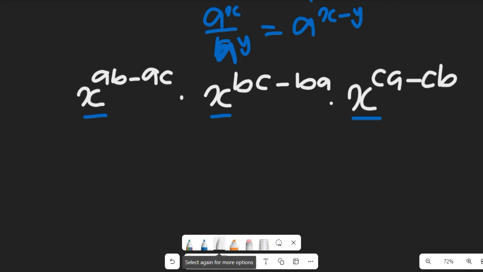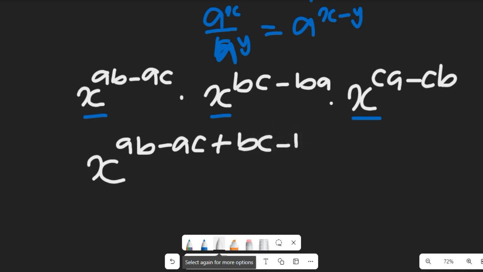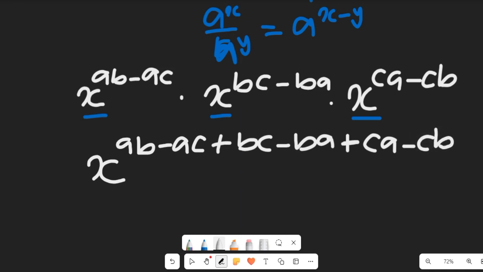So if we add the exponents, we'll have one common base, x, and that will be equal to ab minus ac, right, plus bc minus ba, right, and that will give me plus ca minus cb. Now in this expression, you have to be sure that this is put in brackets because of the negative sign, right? And all of these will be in brackets.